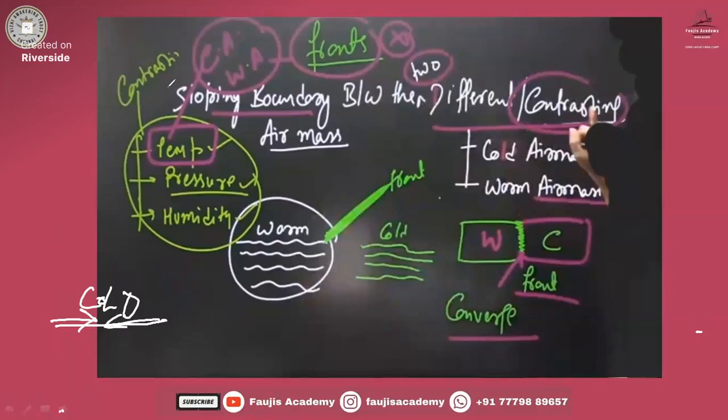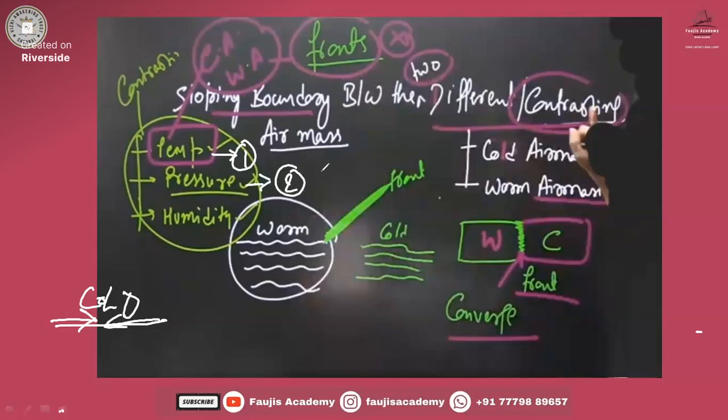Okay. And for that, there are three conditions. Temperature is the first condition. See, a warm air mass will have high temperature and a cold air mass will have low temperature. So that temperature contrast is one part. Then we should have pressure. A pressure difference must be there.